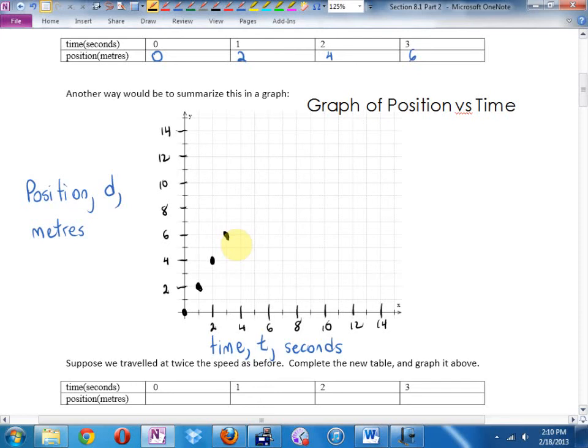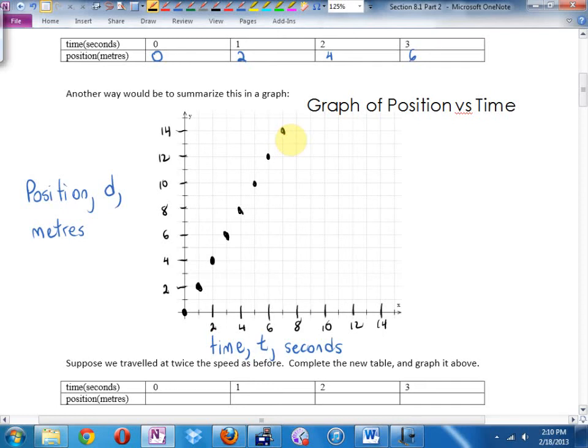I think, Emily, it's fair game. If we assume that this motion continues, I think we can extend this line and make a prediction about the future. Let's assume, Jacob, that this person or this object continues at a uniform speed, at a constant speed, the same speed. I think it would be there, there, there, and there.